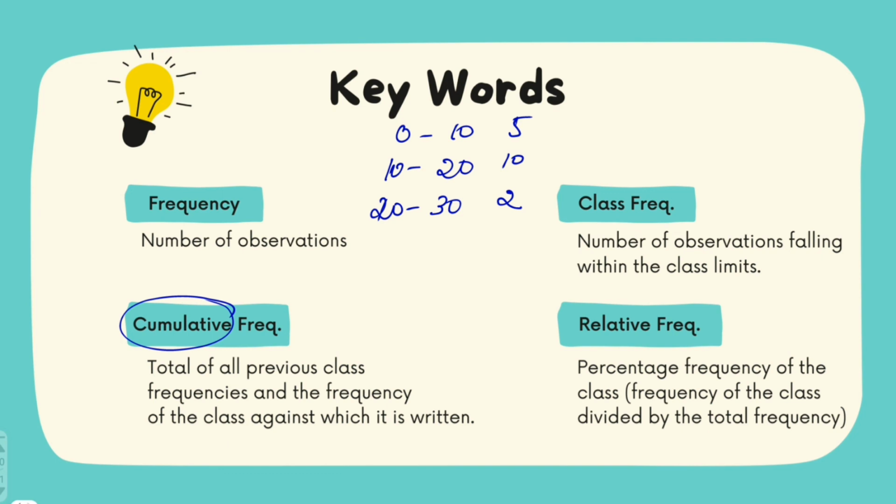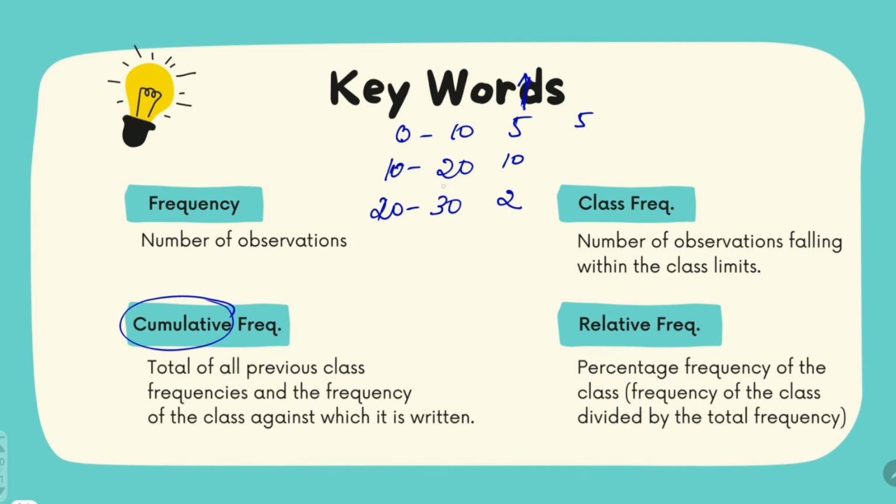Consider just an example. So the cumulative frequency for 0 to 10 will be 5 itself, because there is no age less than 0. There's nothing prior to this. So that will be 5 itself.